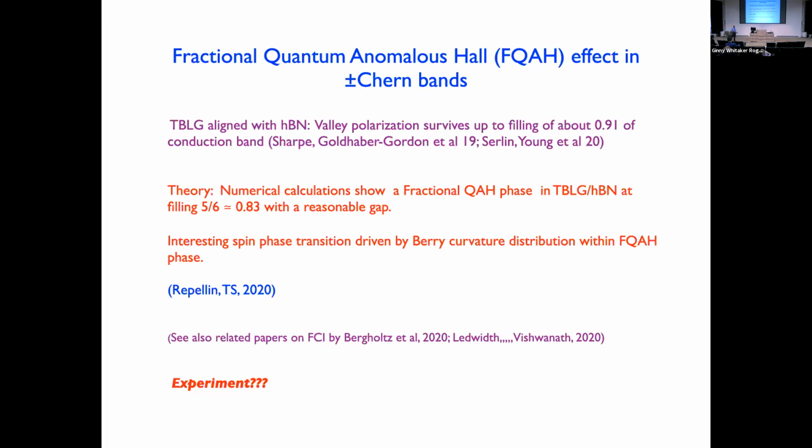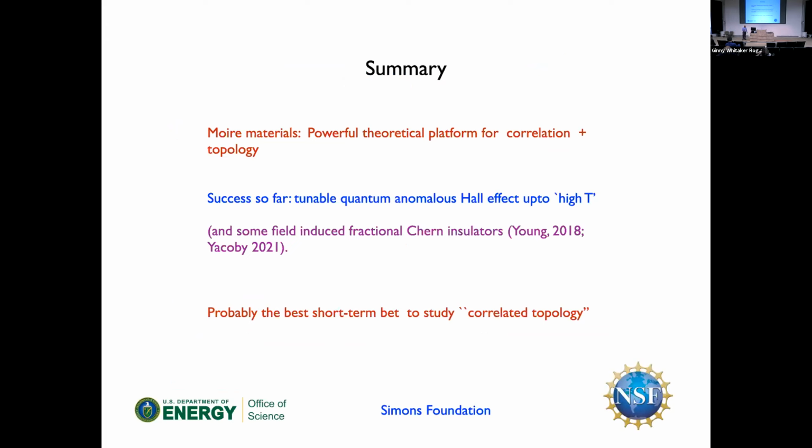As far as we can tell, it's a gap of maybe about 2 Kelvin or something like that. I think this is something that experiments can potentially try to go after, and maybe they will see something interesting. Anyway, so let me just stop here.